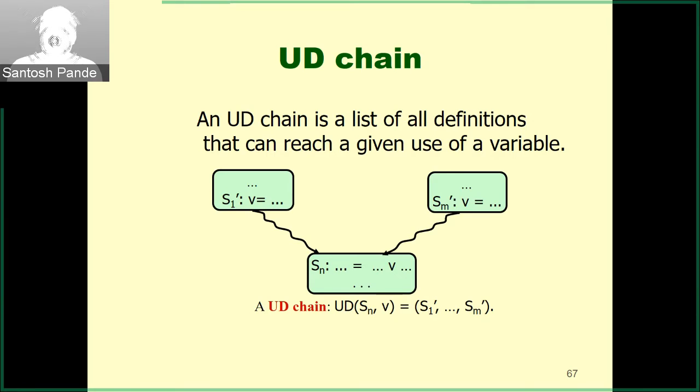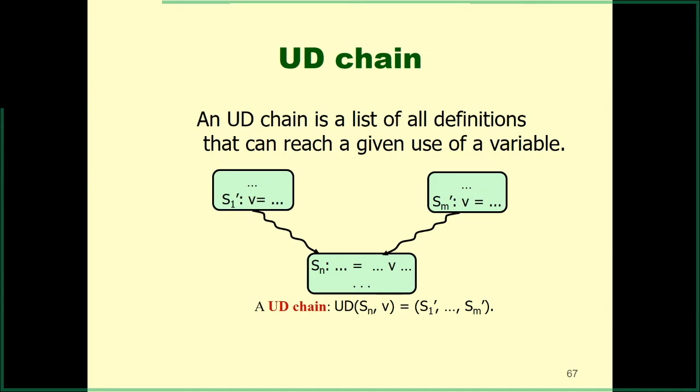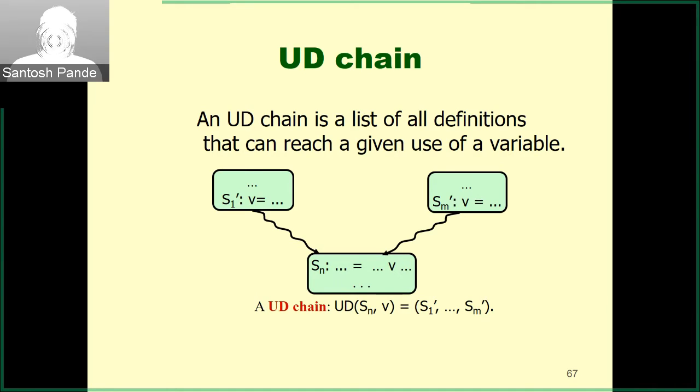So it will still be safe, even though the values of B participating in S1 dash and SM dash are two different ones. Obviously it is unsafe, otherwise I would not be asking this question, but not for this particular example.